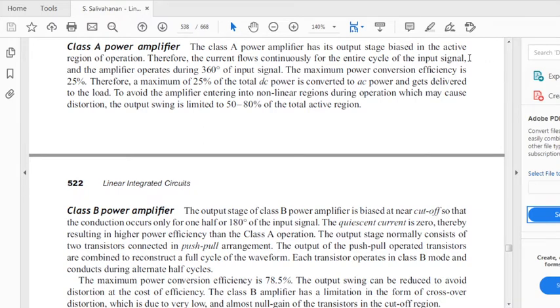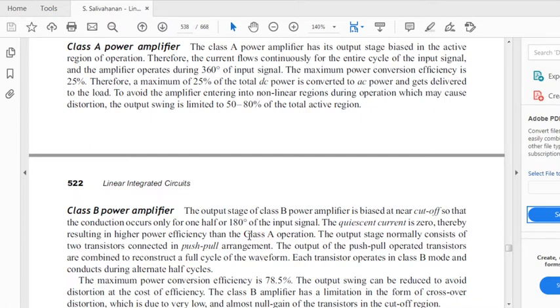The reason is that a class A power amplifier acts in the active region, so for the full 360 degrees the entire input signal is amplified. However, a class B power amplifier, as it is near the cutoff, conducts only for 180 degrees, that is, half of the input signal.